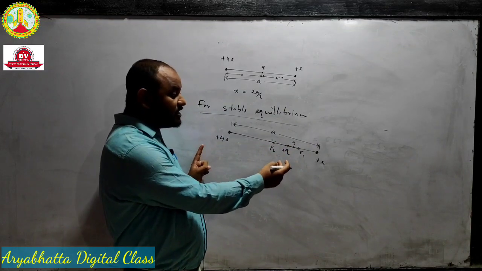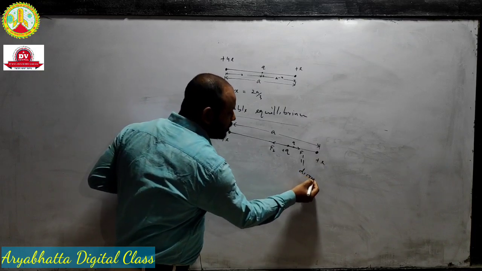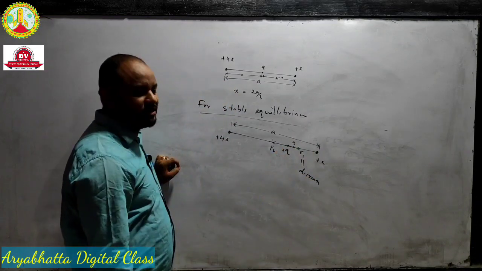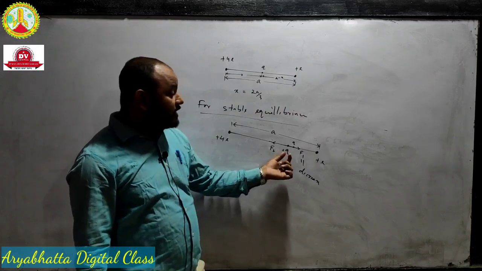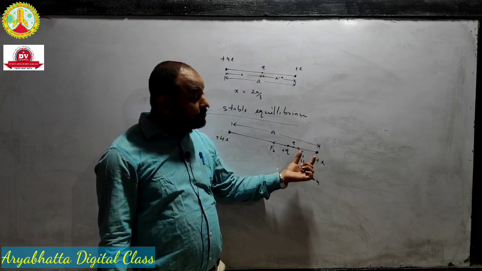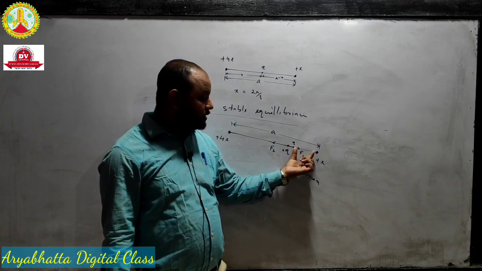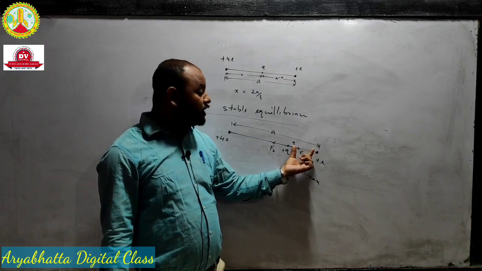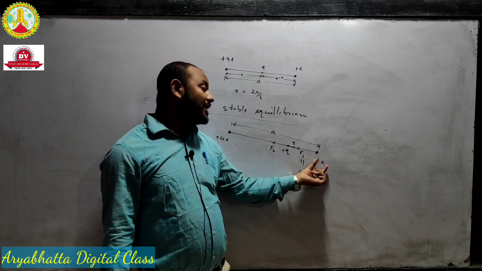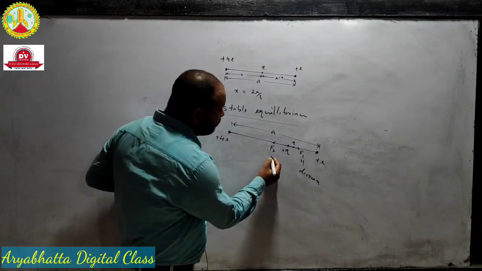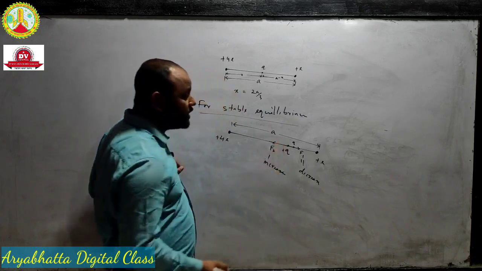As the distance increases, F1 will decrease. At the same time, the distance between plus e and plus q will decrease. This distance has reduced. That is why the force of repulsion between plus e and plus q will increase.